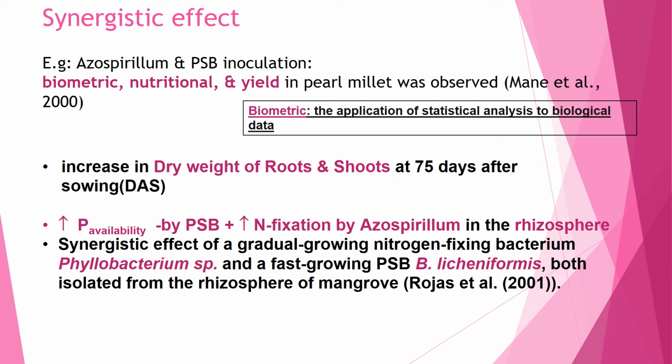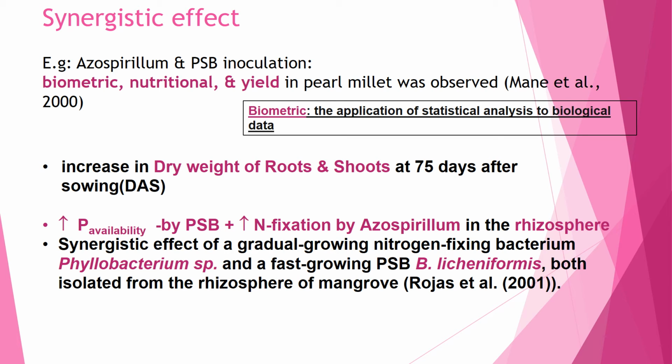Yeah, it's reported in this journal paper. Biometric means the application of statistical analysis of biological data, including what kind of strain is produced after this inoculation, what kind of primary and secondary metabolite is produced. These are all under biometric.